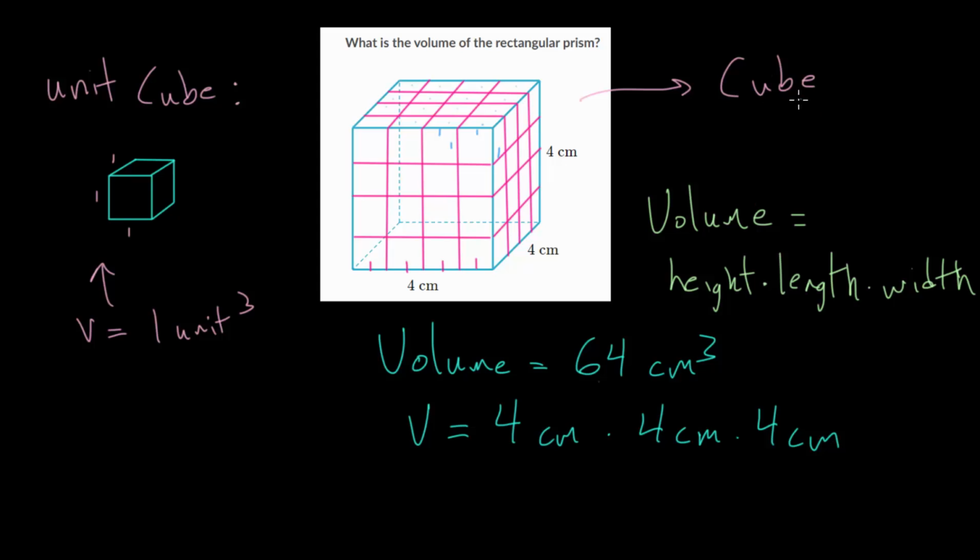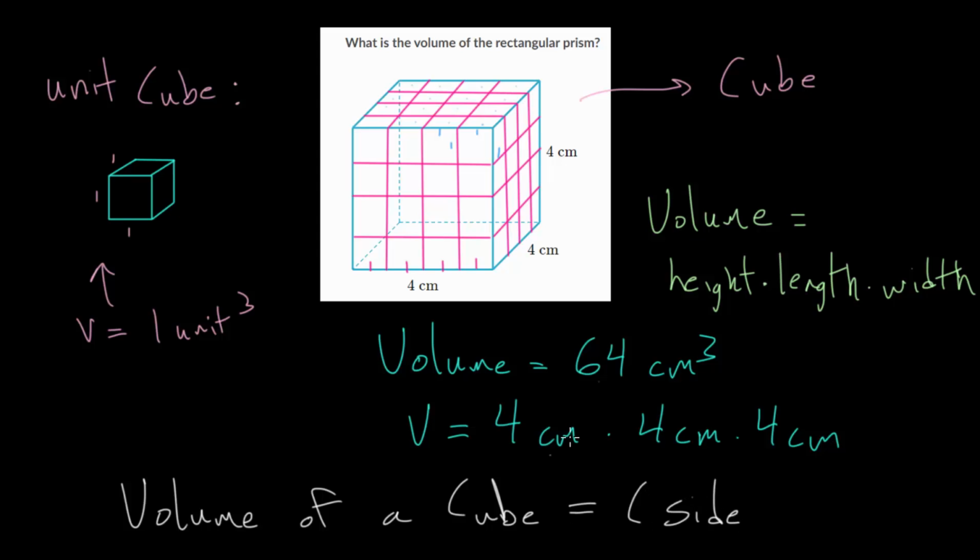And for cubes, they have a very specific formula. Since all of the side lengths are the same, these are always the same value. So we can generalize this further and say that for the volume of a cube, we're just going to take a side length and multiply it by itself 3 times. And multiplying something by itself 3 times is the same thing as cubing it or raising it to the 3rd power.